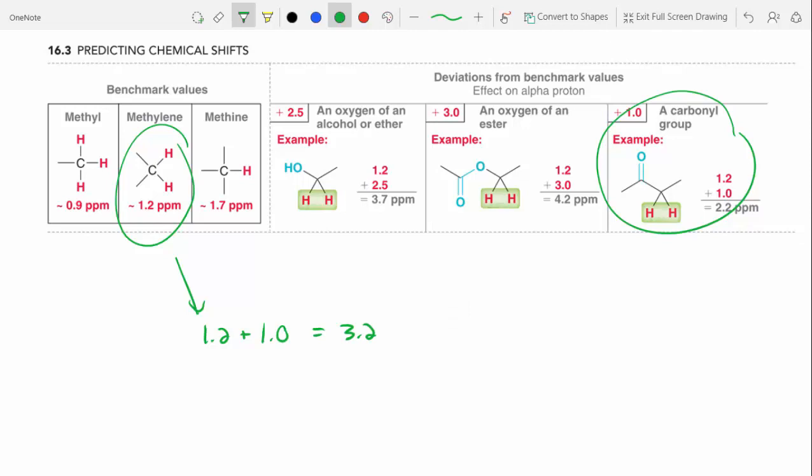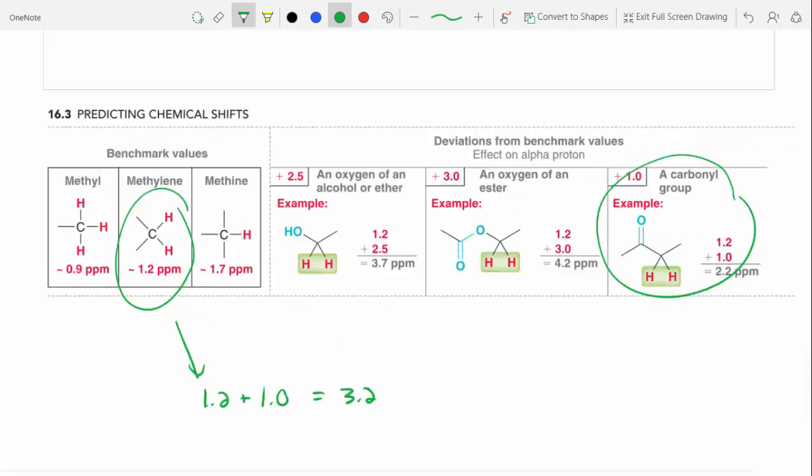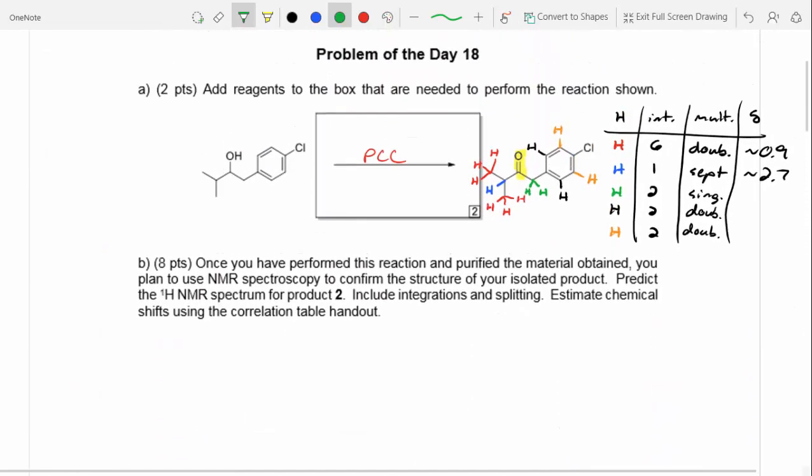And then did anybody else notice anything weird about those green protons in terms of their location? Let's go up. We said that the green protons are next to a carbonyl group, but what else are they next to? Aromatic ring. What do aromatic rings do?